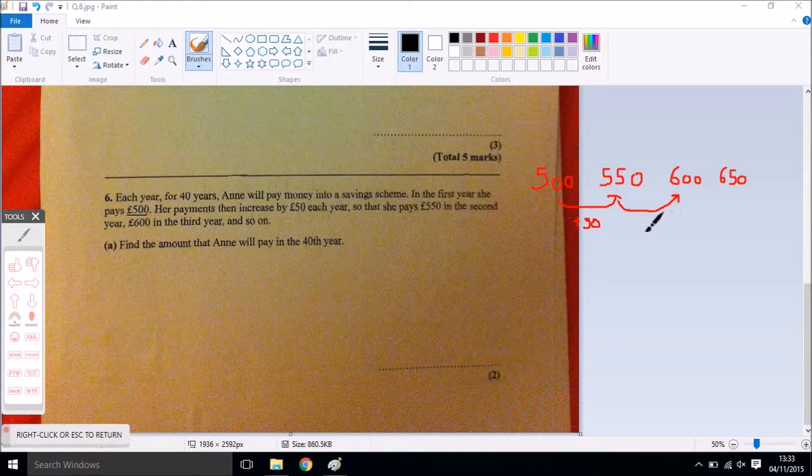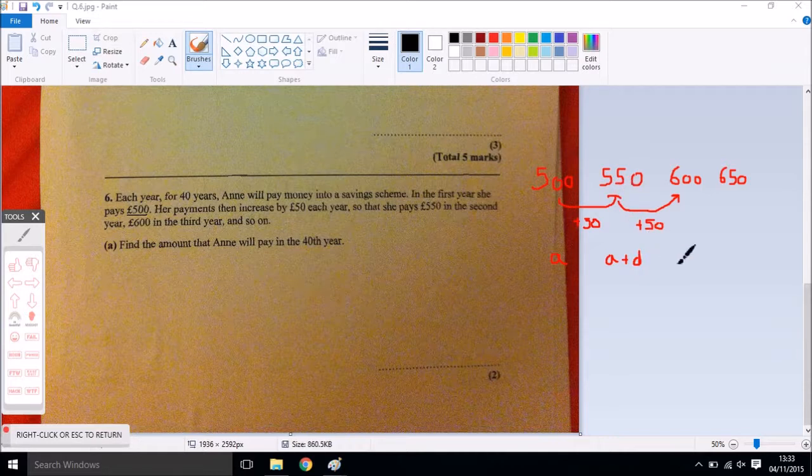But there is a general formula behind this, because if we call our first term A, then our next term is going to be A plus D. So it's whatever that first term was, add the common difference. So you add D here. In this case you have 500 and then you add 50.